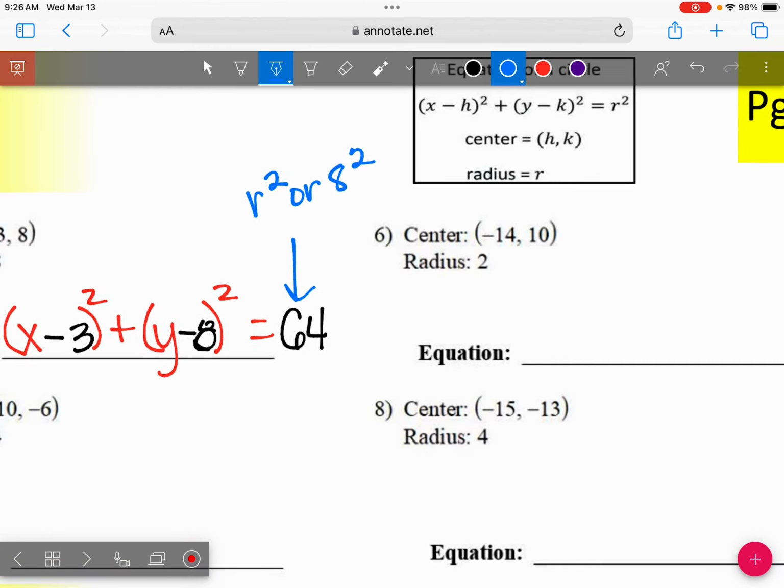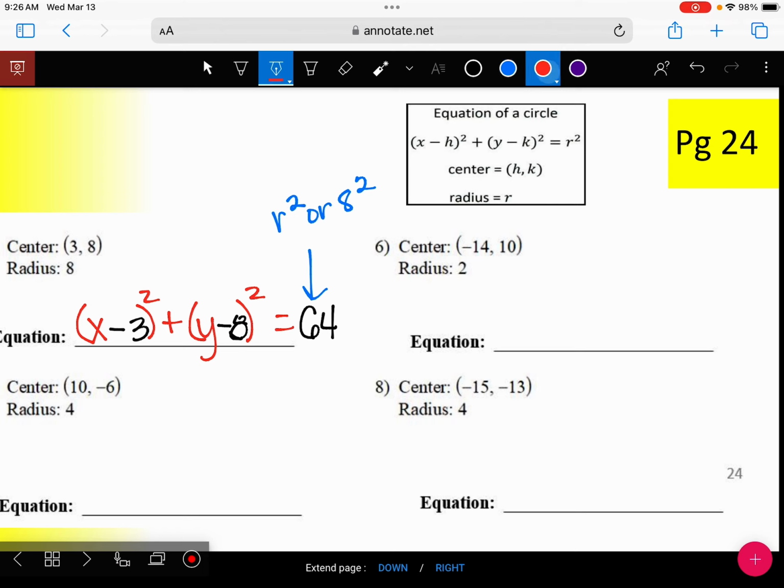All right, let's do this next one together, and then you can do the last 2 on your own. Make your 2 parentheses squared. Again, in that first parentheses, you're going to drop this number, but you have to flip it.